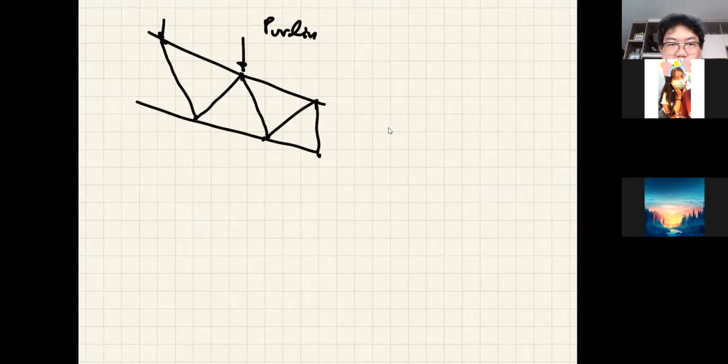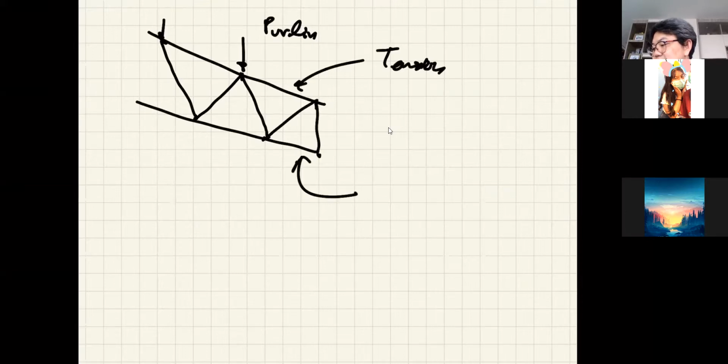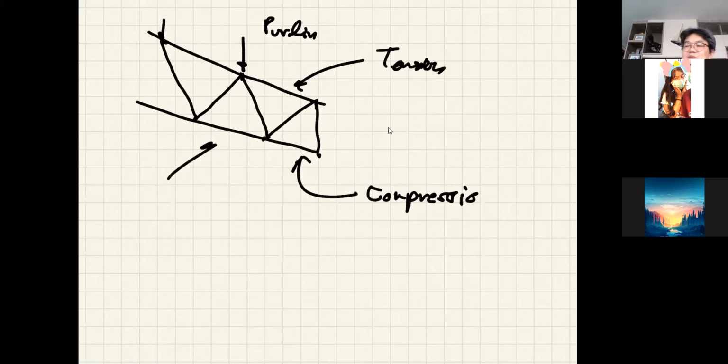But because it's a canopy, so it's a cantilever, so this is tension. Compression is down here. And you don't have anything to brace that one in the out of plane direction.